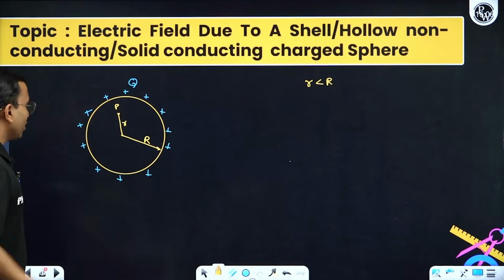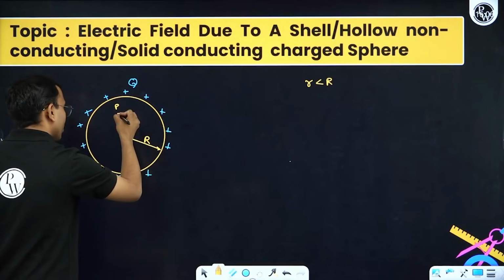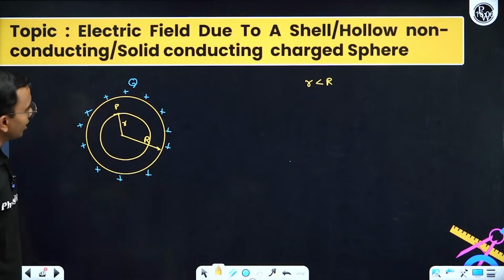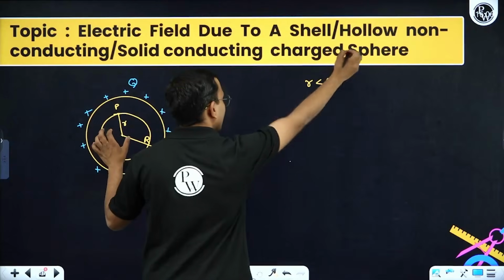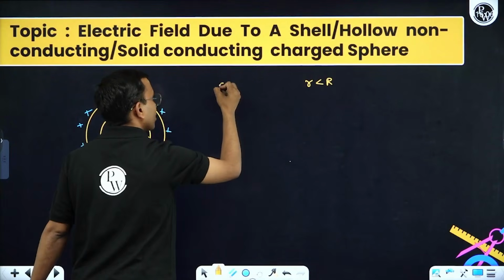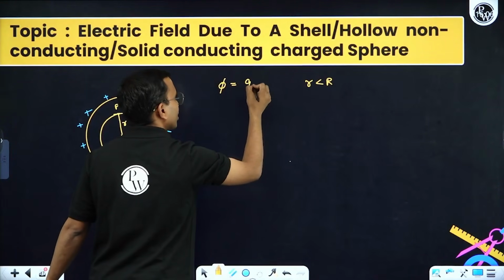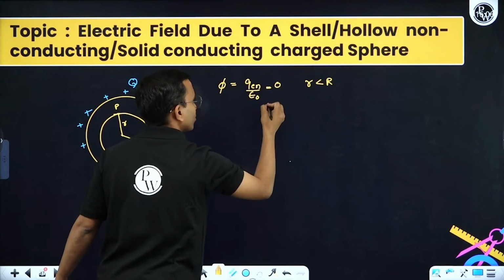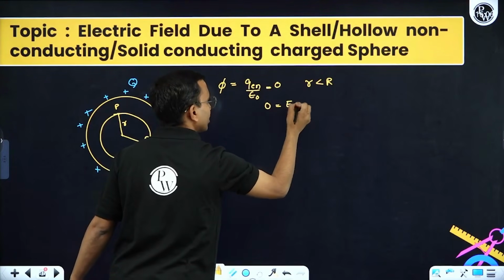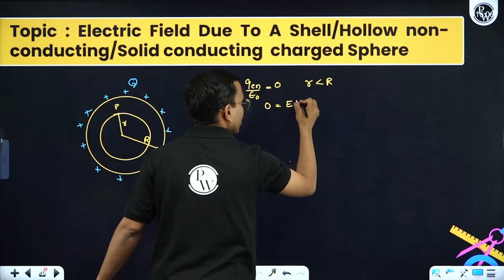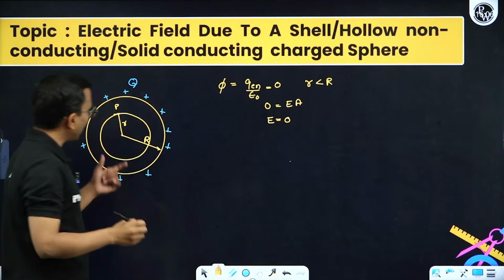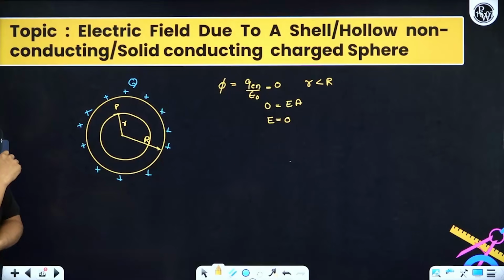You will say we will draw a Gaussian surface symmetrically like this. For this Gaussian surface, the flux is Q enclosed by epsilon naught, which becomes 0. So 0 equals E into the area, so you are getting E equals 0. So for r less than R, the electric field is 0.